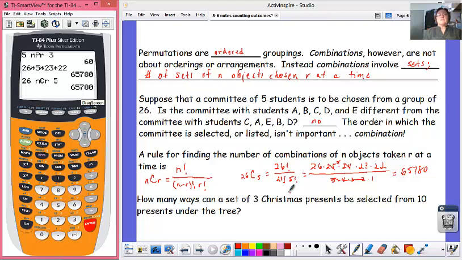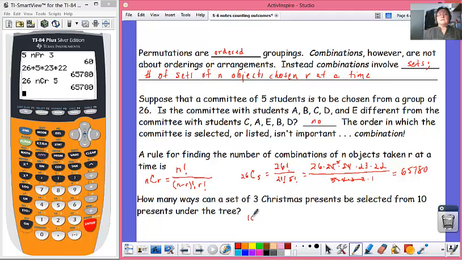So yeah, permutations, combinations. How many ways can a set of 3 Christmas presents be selected from 10? By now this is old hat for us. We are doing 10, and it's a set. That's the key word. So it's a combination, and we're choosing 3 presents. Well, the formula would say 10 factorial over 7 factorial times 3 factorial. That would be 10 times 9 times 8, and then the rest, 7 factorial, would be gone.